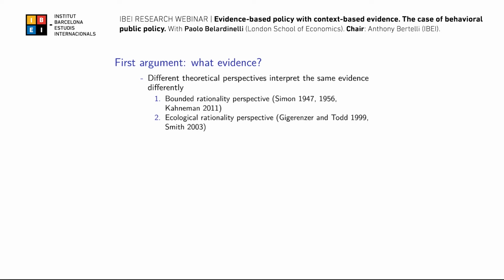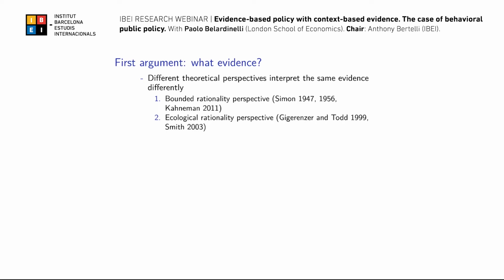So first argument, how to identify evidence. As I said, here I want to compare different theoretical perspectives, bounded rationality and ecological rationality perspectives. They have something in common, which is they both came out as a reaction to standard neoclassical models of decision making, according to which individuals optimize when we make decisions.